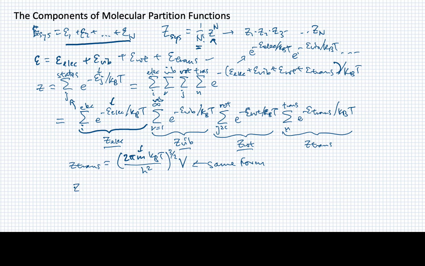Now I'll simply close by saying that for the molecule, I can write this as the product of these various partition function contributions. I should probably say one last thing too, and that is this separation into vibration, rotation, translation, and electronic is actually an artificial separation.